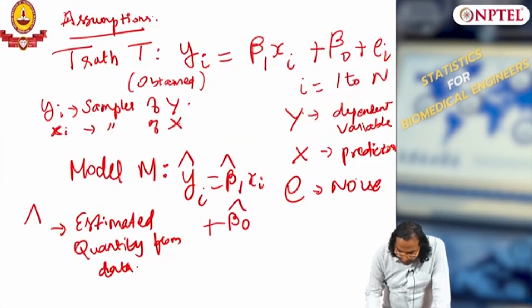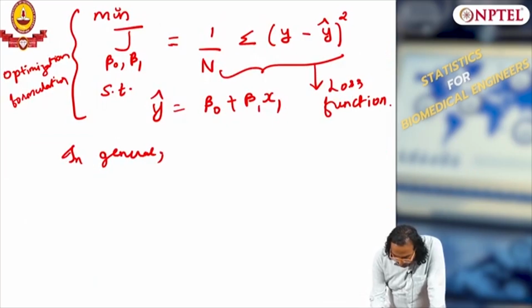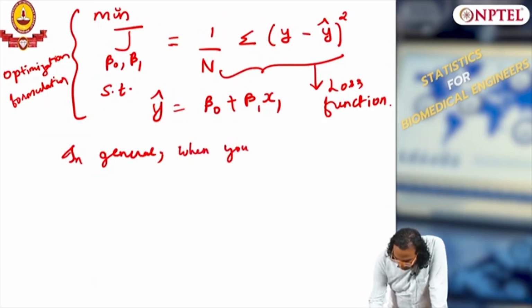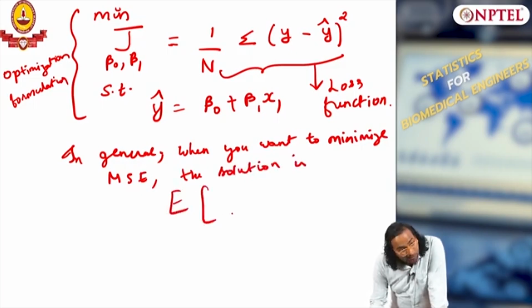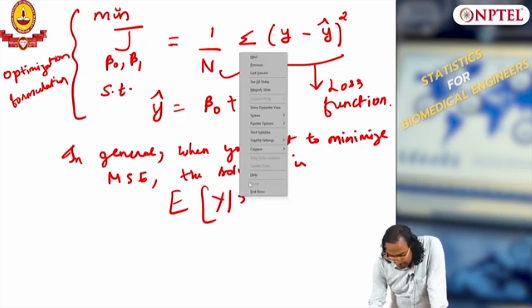When you want to predict y in general, and you want to minimize MSE, the solution is going to be the expectation of y given x.